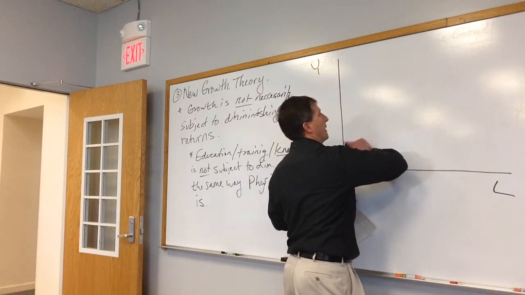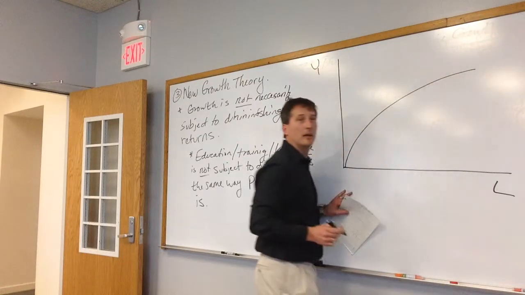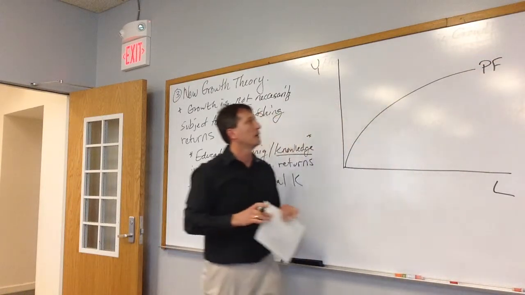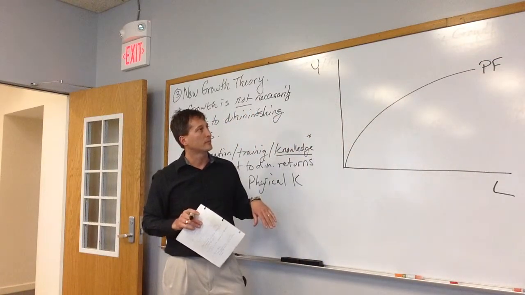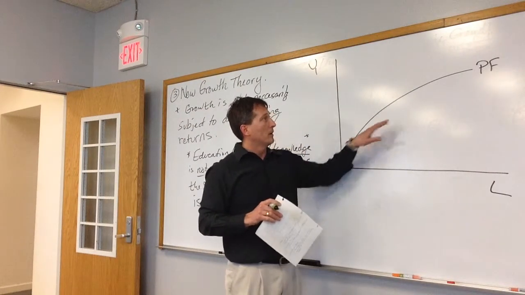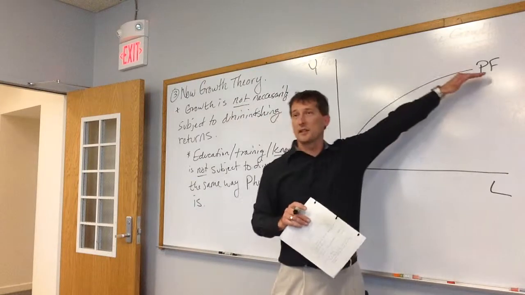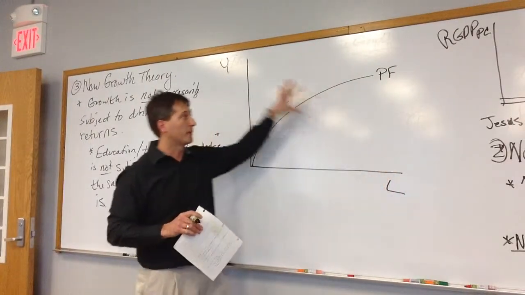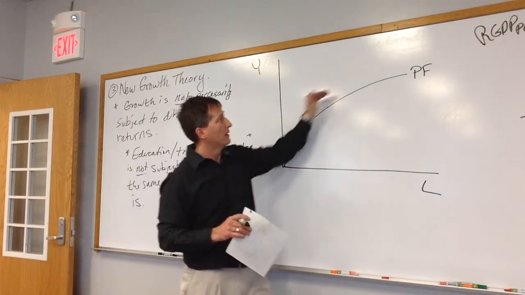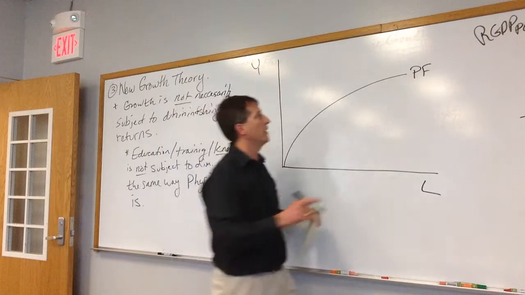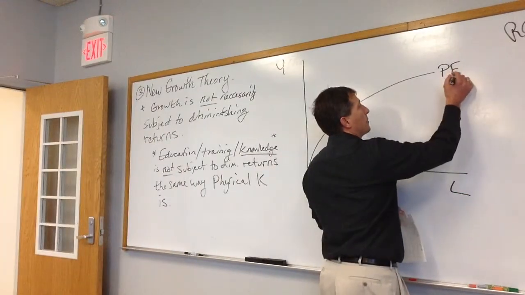Remember, it had a shape that looked like this. And so our production function looks like this. There's the diminishing returns. As I add more and more labor with a fixed amount of capital, the returns I get from each successive increase are falling at the margin.